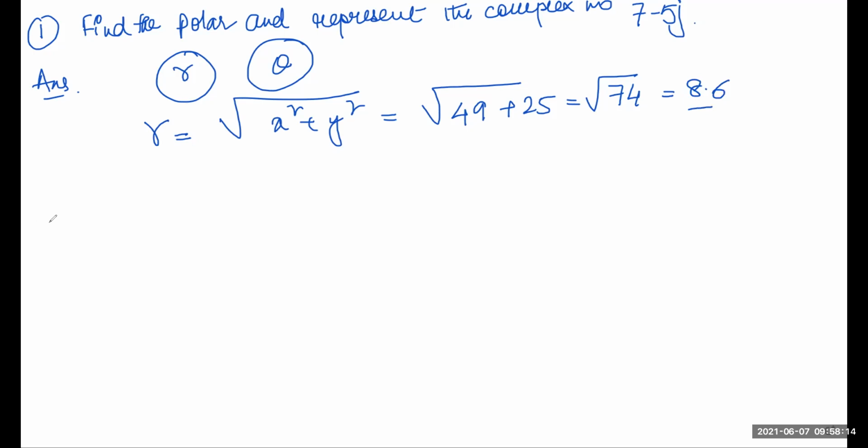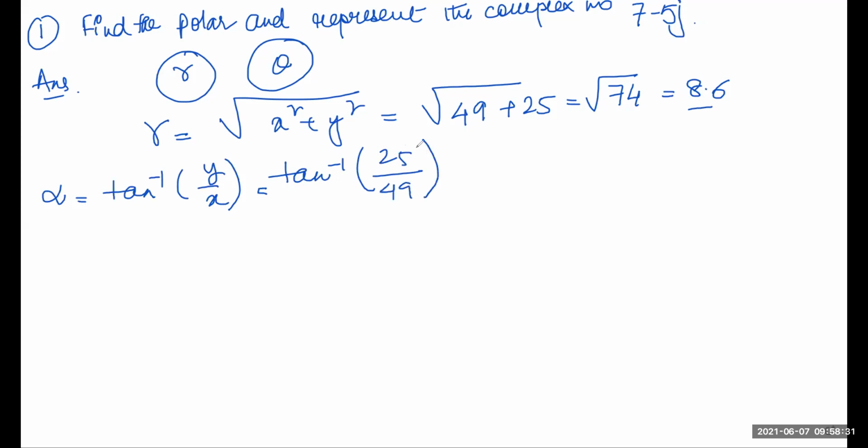Then you have to find the alpha. Alpha is tan inverse y by x. What is your y? Your y is 25 and your x is 49. Sorry, I did this wrong.